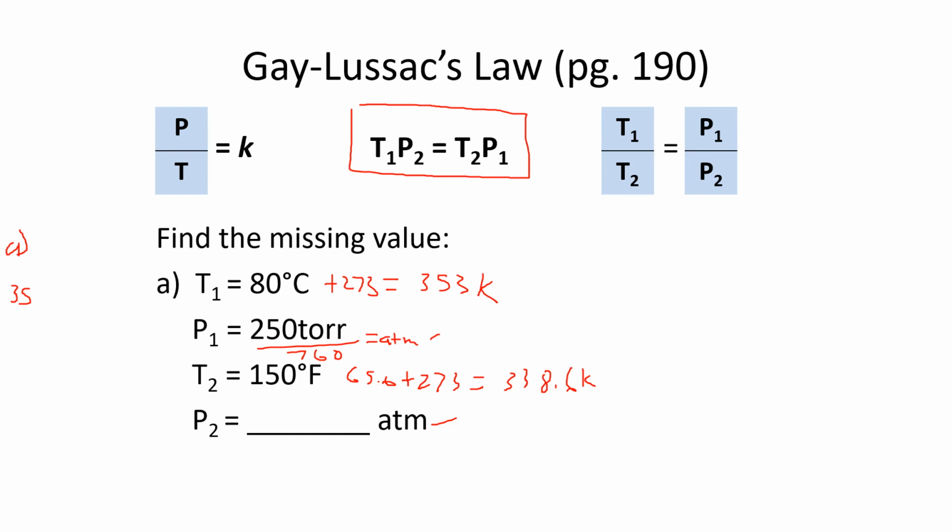T1, 353. P2 is what we're looking for. That is equal to T2, 338.6 times pressure 1, which is 250 over 760. Divide both sides by 353.